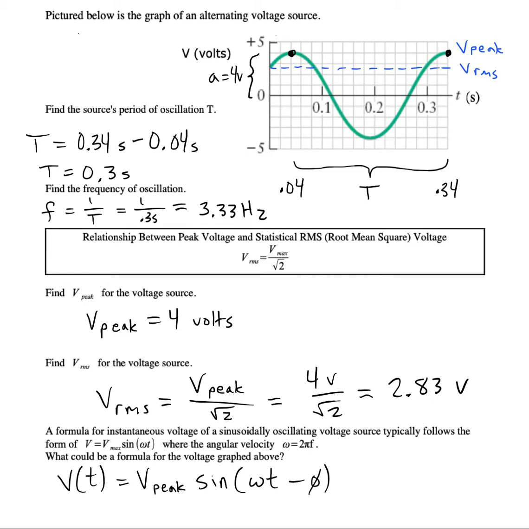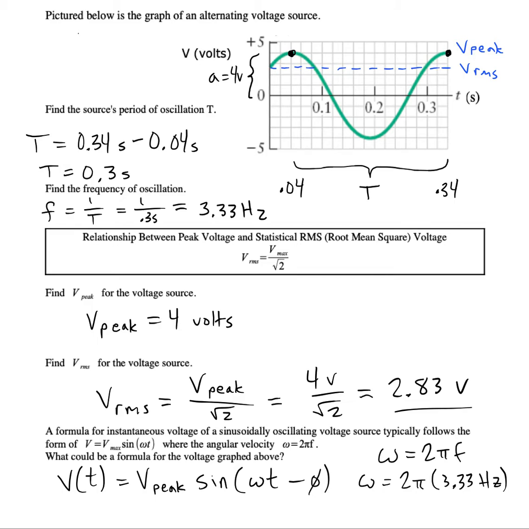So we're going to need to find all those things: the peak voltage, the omega, and the phase difference. The omega will be given by 2 pi f. So that's going to be 2 pi times 3.33 hertz.